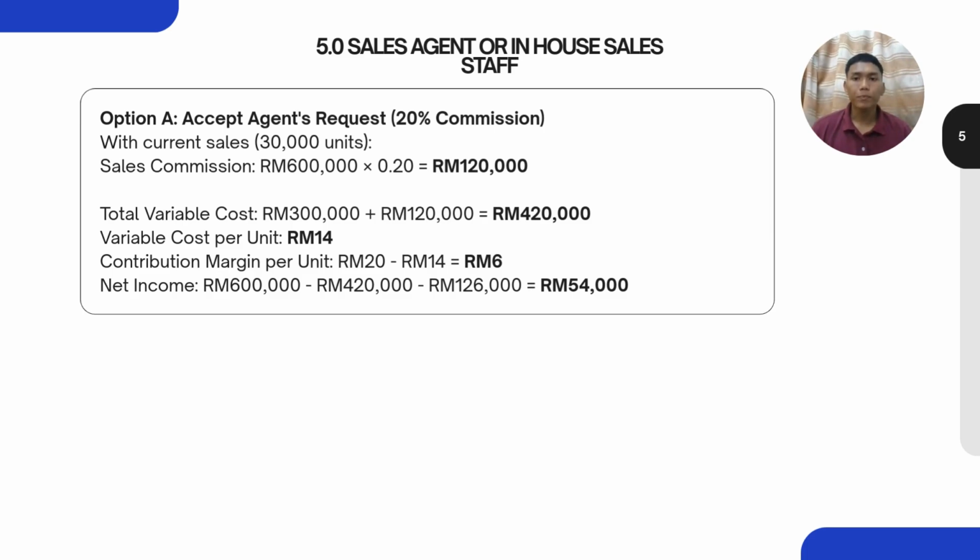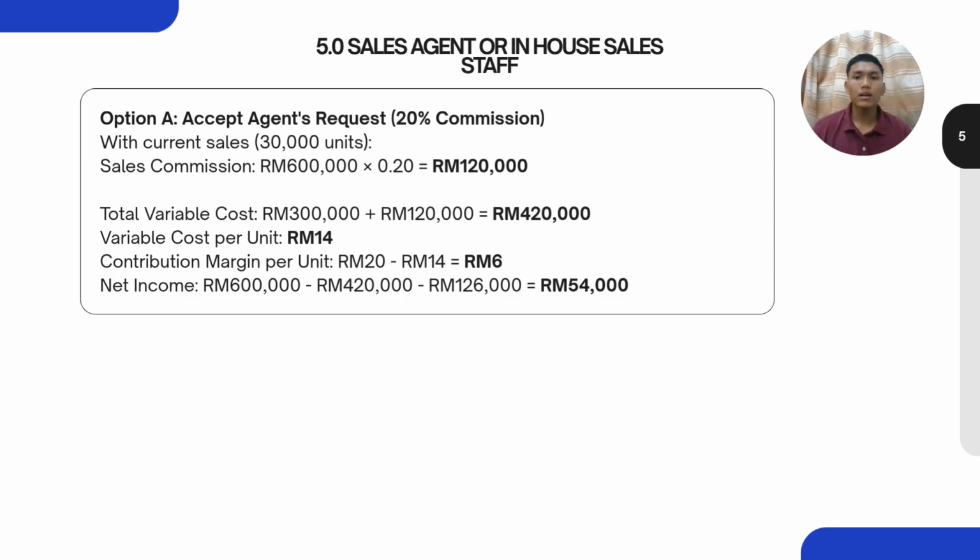For option A, the company's total sales revenue is RM600,000 based on 30,000 units sold at 20 ringgit per unit. If the commission rate is increased to 20%, the sales commission will become 120,000 ringgit. The total variable cost then is 420,000 ringgit.